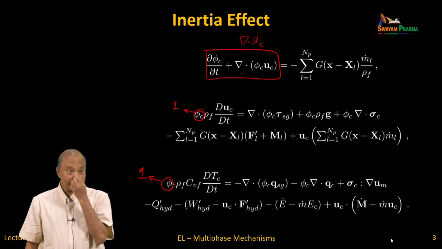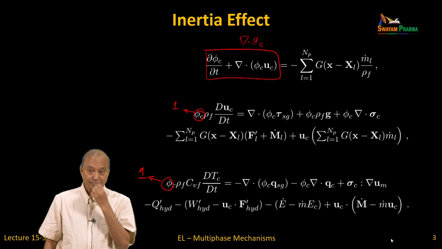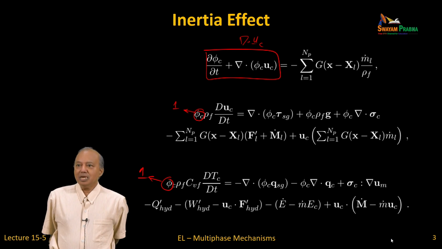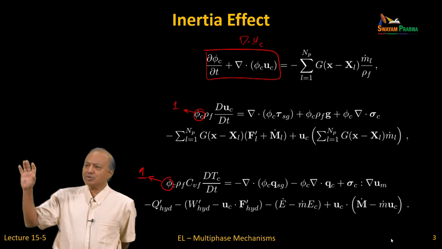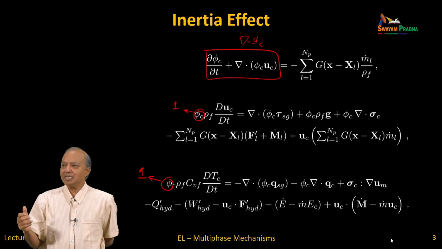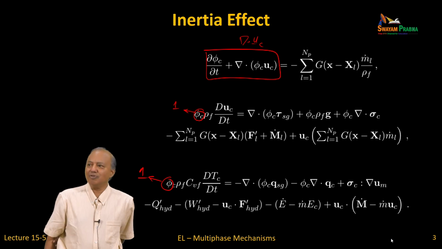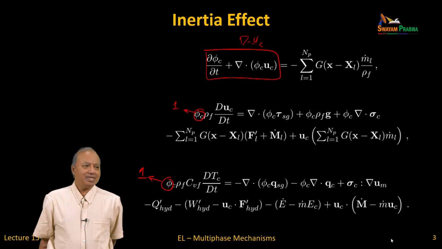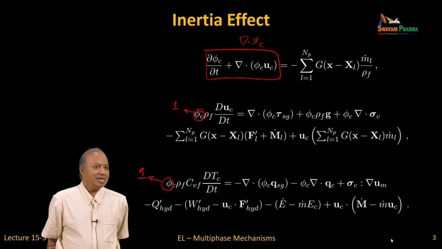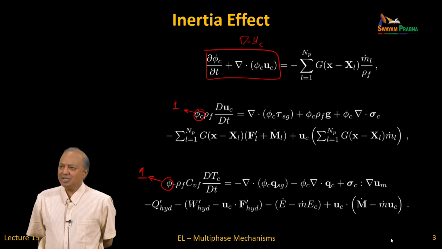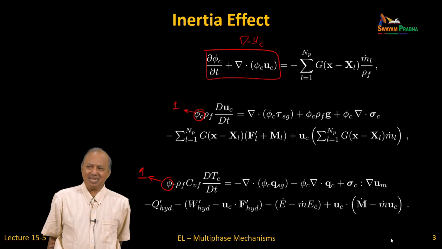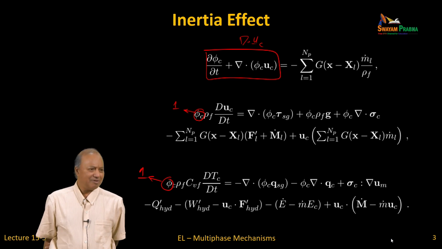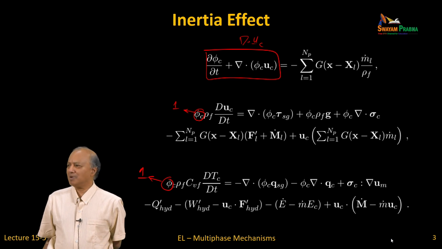Inertia effect, what inertia says is, I don't know how many of you know what is called Boussinesq's approximation. Boussinesq's approximation says in a single phase fluid, if density is changing, set the density to be the constant density everywhere except when it gets multiplied by g.